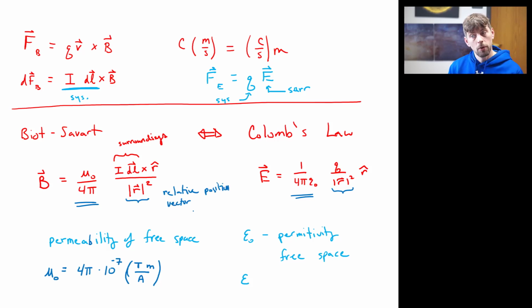Right? And it points from the source current to the field point. So just like how the R in Coulomb's law pointed from the source charge to the field point, this is the same R, only it's a source current to the field point.